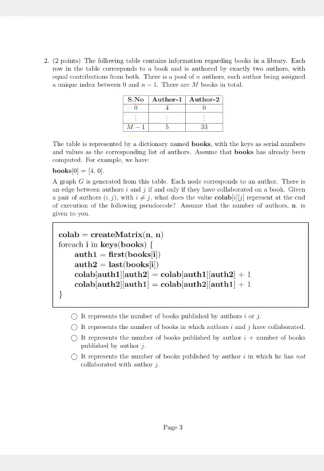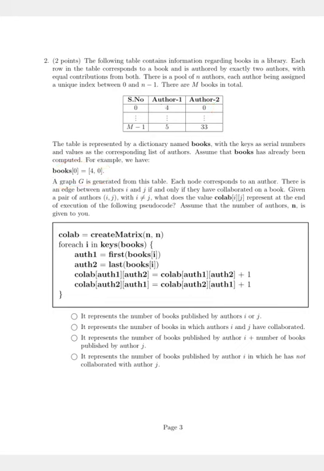The table is represented by a dictionary named books with the keys as serial numbers and values as the corresponding list of authors. Assume that books has already been computed. For example, we have that the books at key number 0 is equal to 4, 0. So here we can see that the book number is 0 and the two authors are 4, 0. That's exactly what is given over here.